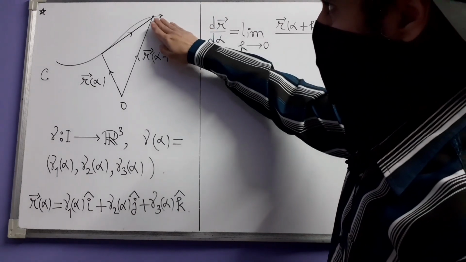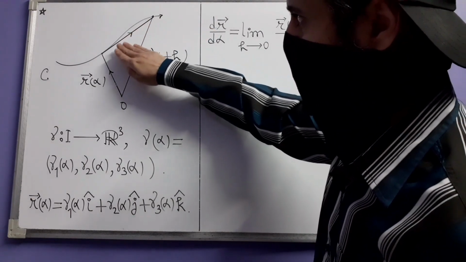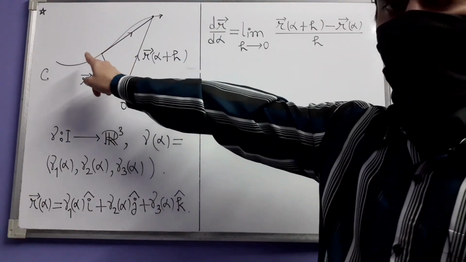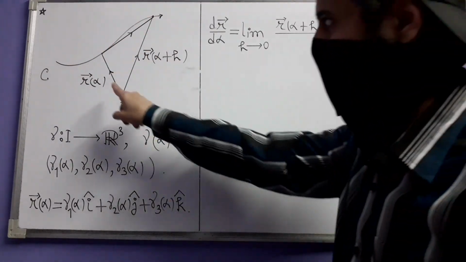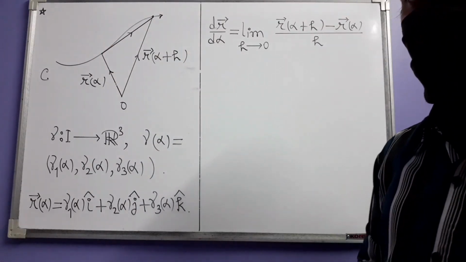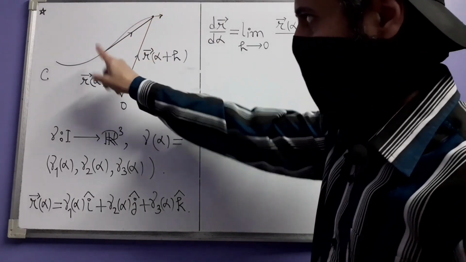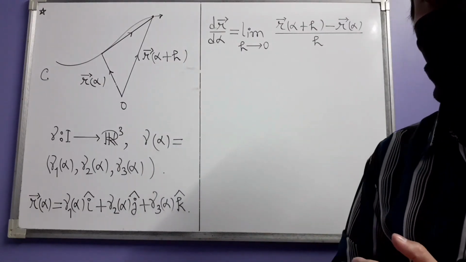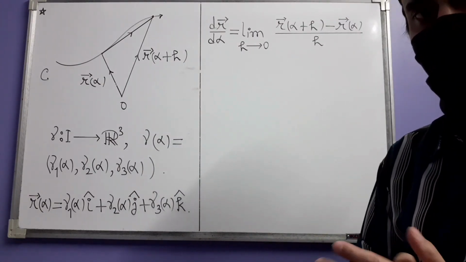Now as your point moves towards the original point, this one, we are treating this one as fixed. For a fixed given alpha, we have got this point. As this point moves towards that, what does it mean? Considering smaller and smaller values of h. That's what it means.